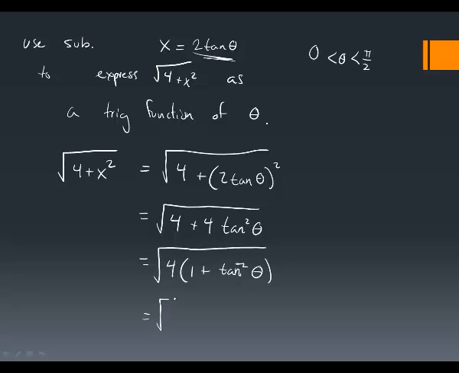So we get square root of 4 secant squared theta. And now that this is a perfect square and this is a perfect square, this equals 2 secant theta. Those work out pretty nicely. So that's wonderful. Yay.